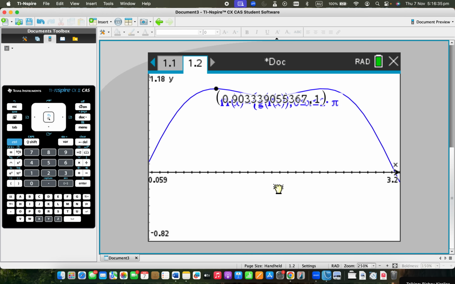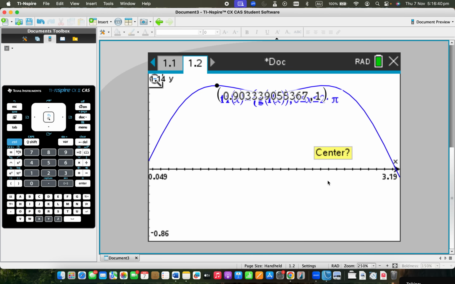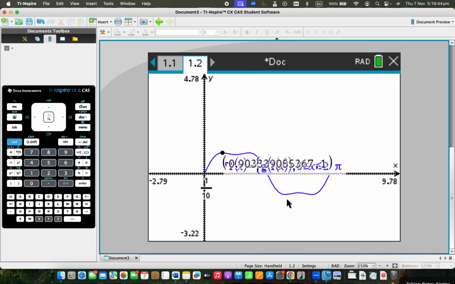Okay, so we've got this, and it actually goes below. Alright, so the minimum is here. Now, it just looks like this repeats itself. So the minimum is going to be -1, and the maximum is going to be 1. So I think it'll just be -1 to 1.